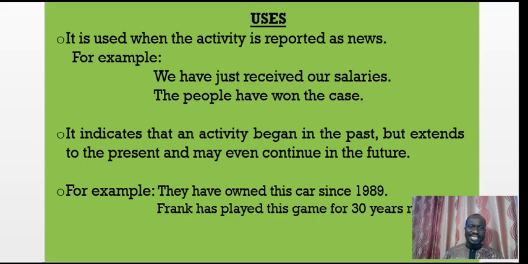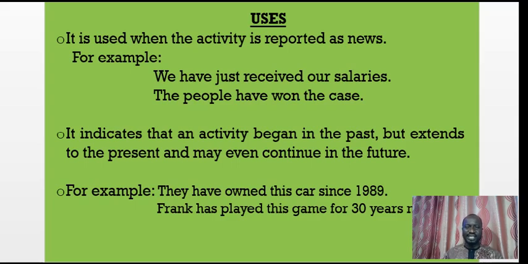Two, it indicates that an activity began in the past, but it extends to the present and may even continue into the future. For example, they have owned this car since 1989.